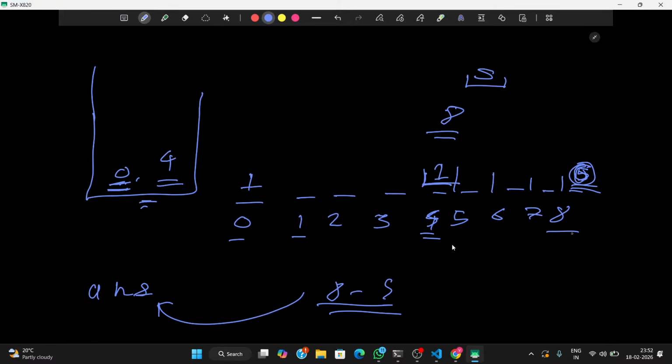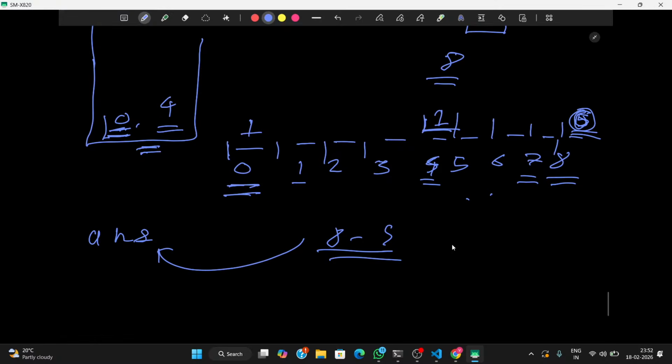We got 6 at the 8th index. This segment started at the 0th index and has continued up till now. So in how many ways can this segment be broken? It starts at 0, it can end at 0 only, it can end at 1, it can end at 2, dot, dot, dot, and up to 7.